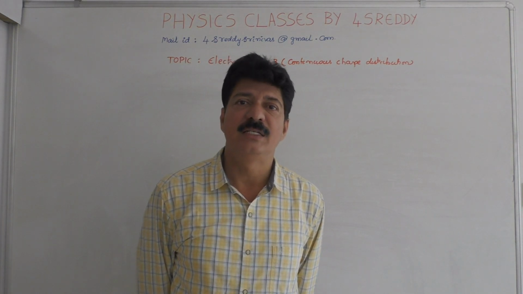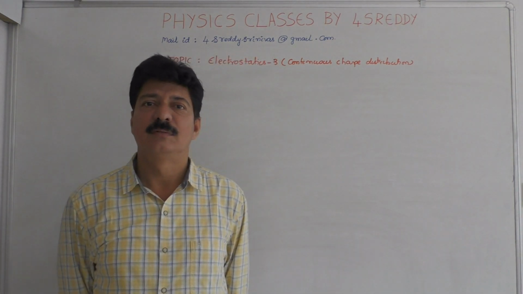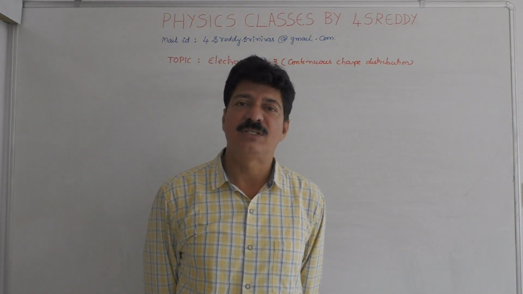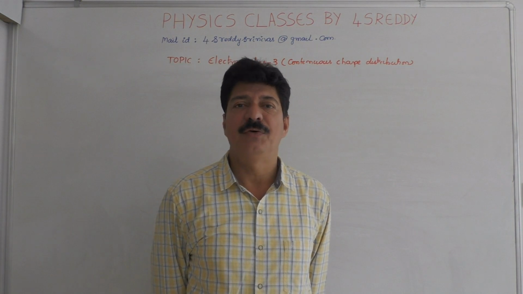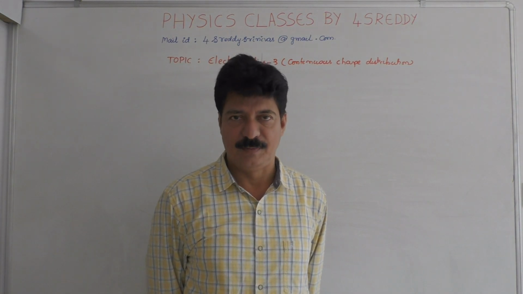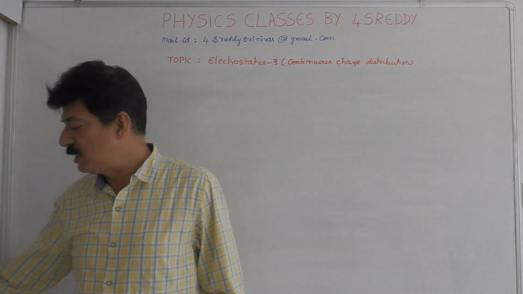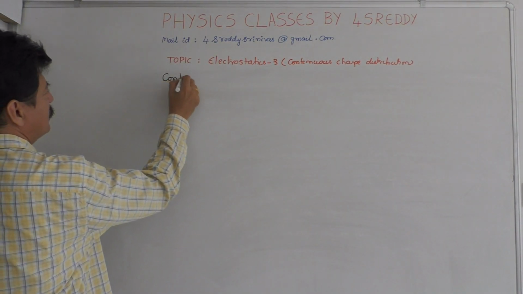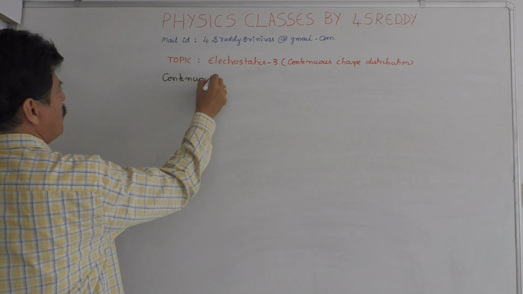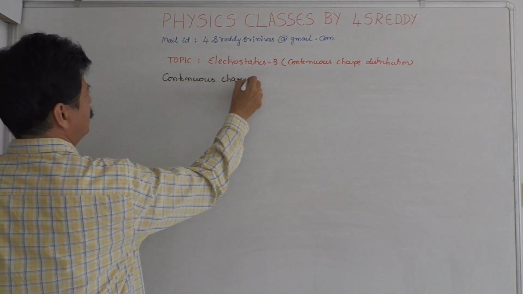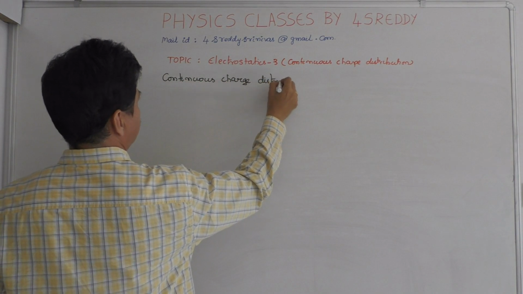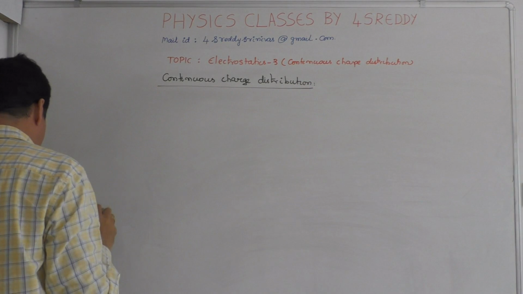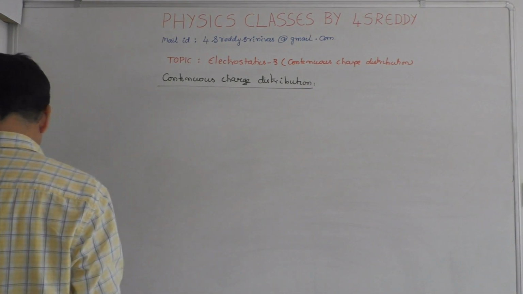This charge distribution is of three types: linear charge distribution, surface charge distribution, and volume charge distribution. So, first of all, we must know continuous charge distribution. What is meant by continuous charge distribution?